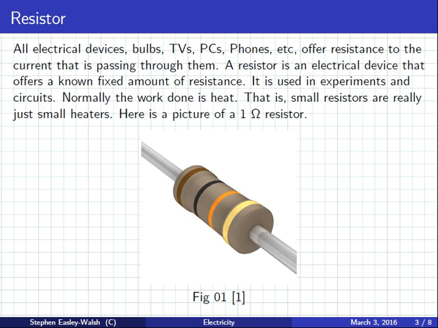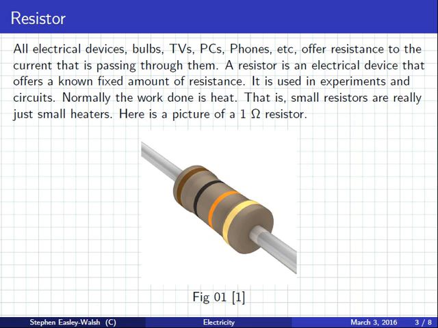Why do we need this resistor on the circuit? In fact, it seems like it's a waste. Why would you use something like this? Because it's just wasting energy. But we'll see later in the chapter that we can use them in special ways that let us do useful things.